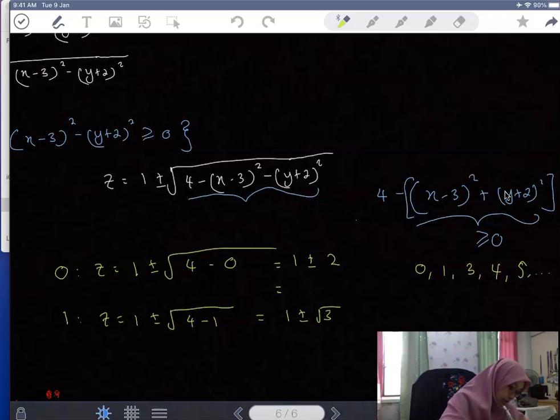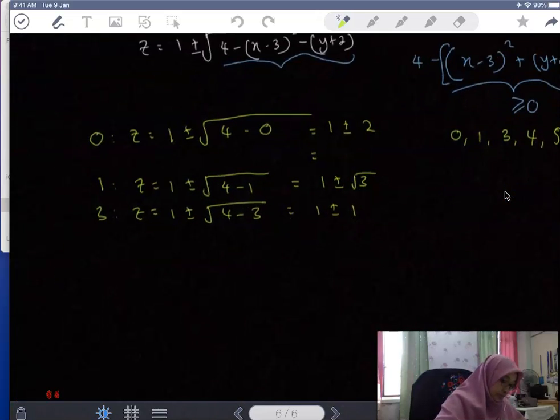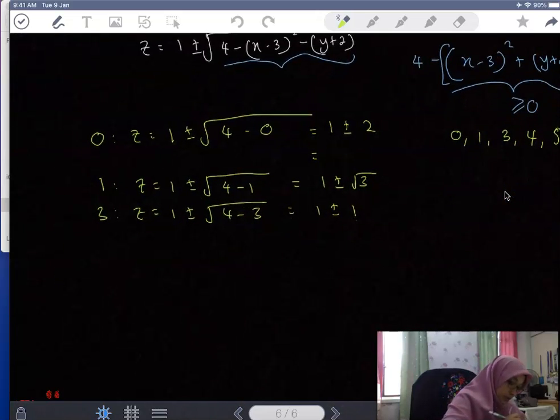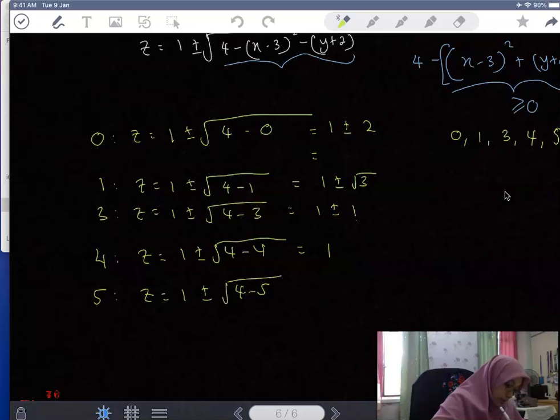Then for 3, z is 1 plus minus square root of 4 minus 3, so 1 plus minus 1. For 4, z is 1 plus minus square root of 4 minus 4, so we get 0, so 1. For 5, 1 plus minus square root of 4 minus 5, which is less than 0, so the answer here does not exist.